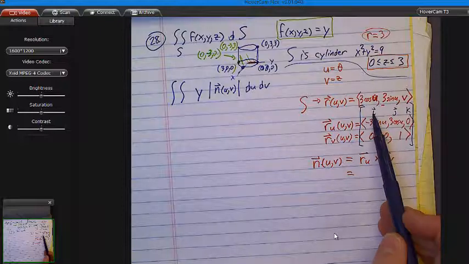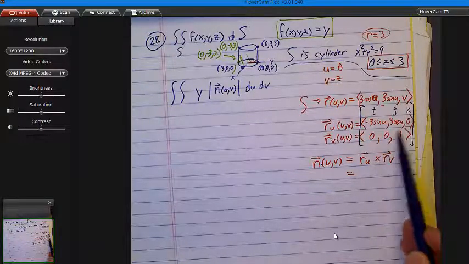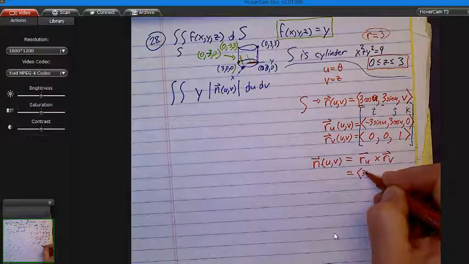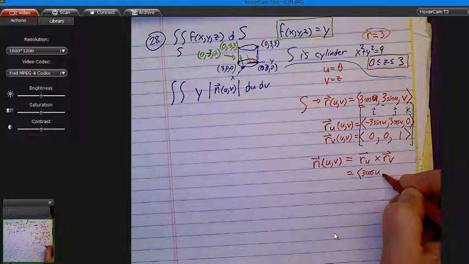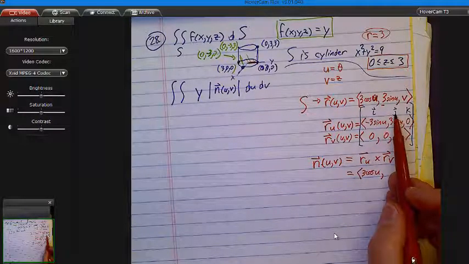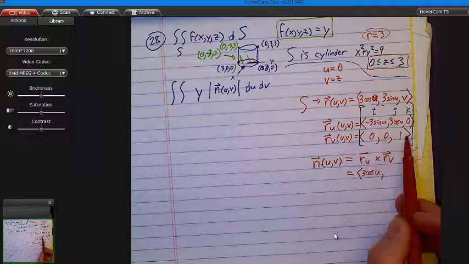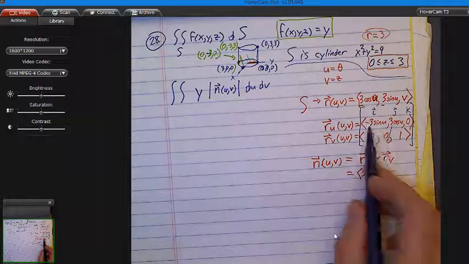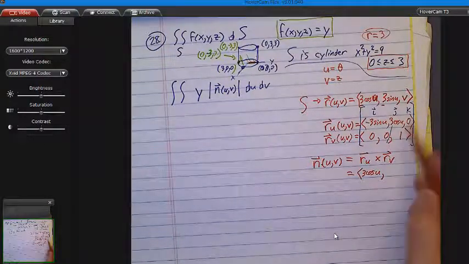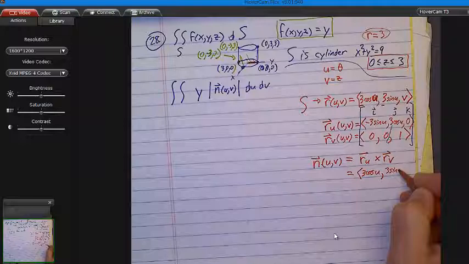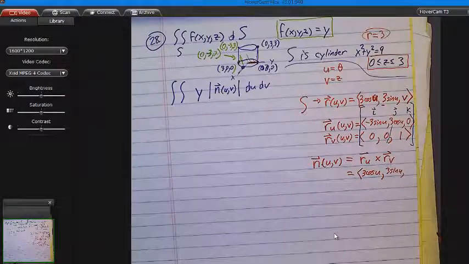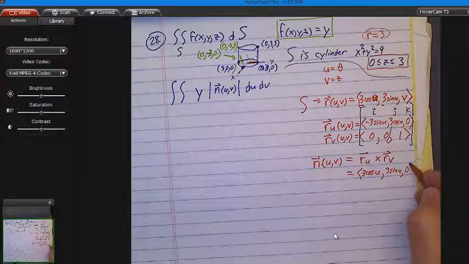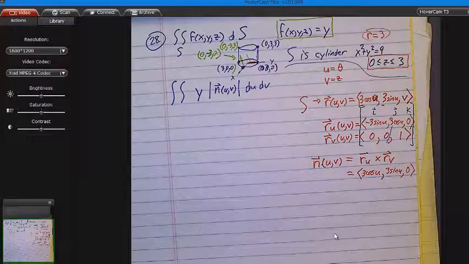The i coordinate comes down to the determinant of that 2 by 2, so that's 3 cosine u. The j coordinate is the opposite, so it's 3 sine u, right? And the k coordinate, since you have a couple of zeros here and here, is 0. Is this okay?